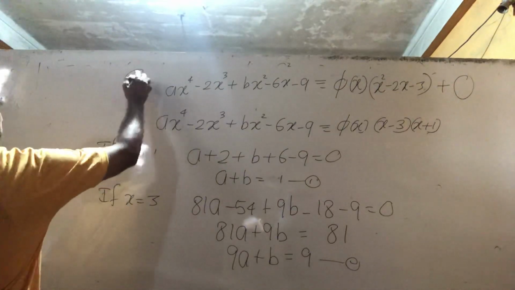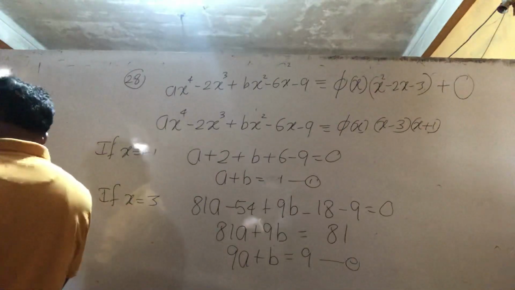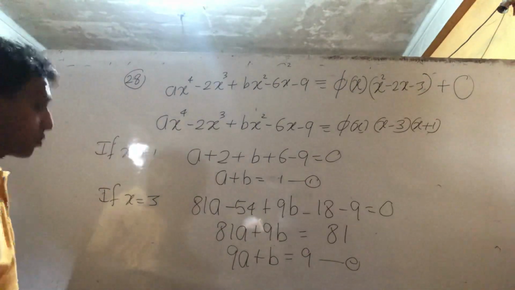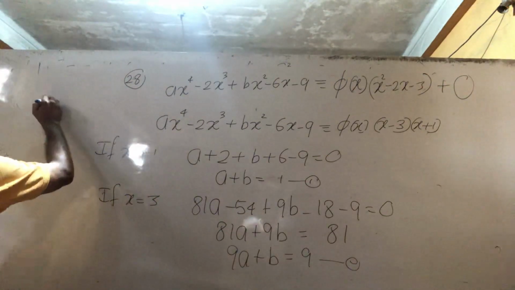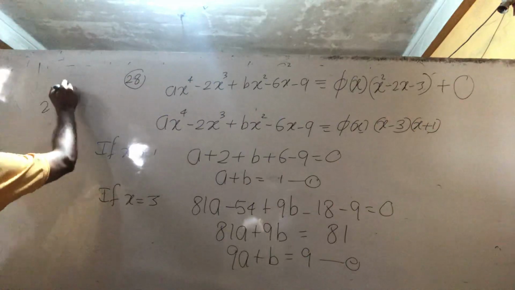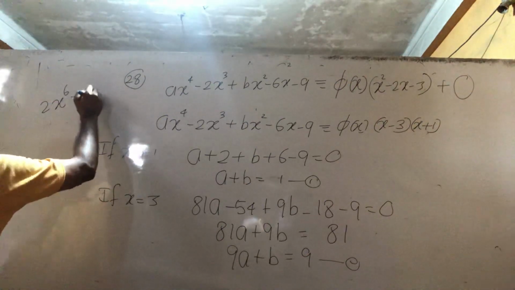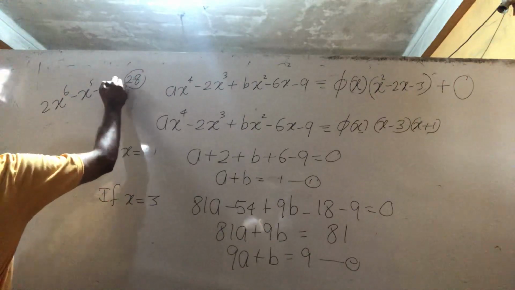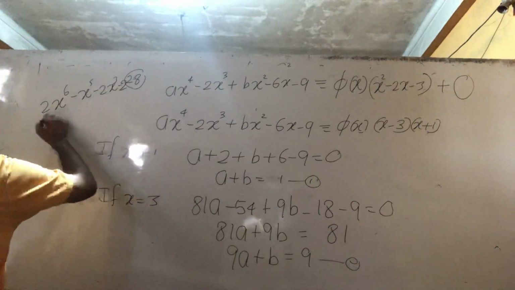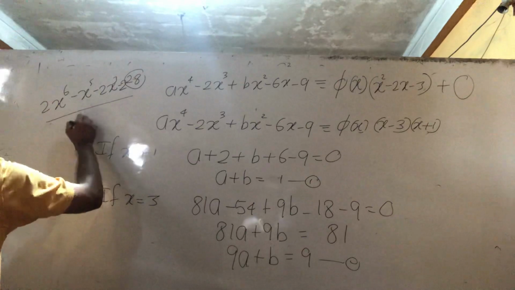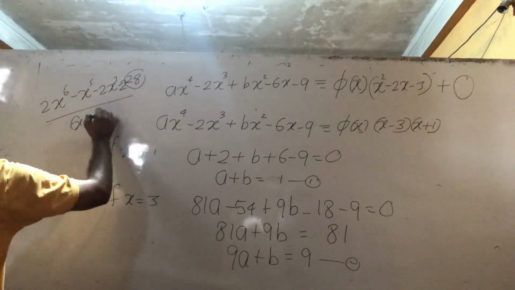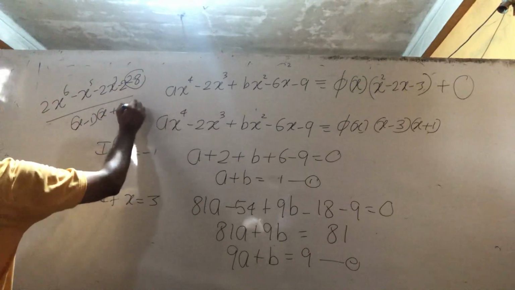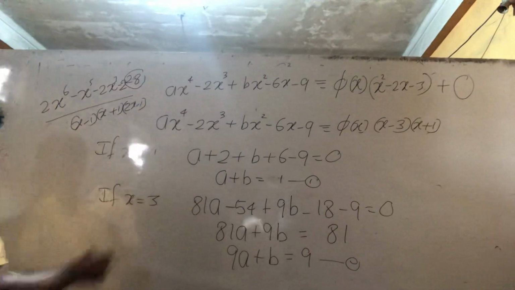Next, question 28, an important question. Divide 2x^6 minus x^5 minus 2x^3 minus 2 by (x minus 1)(x plus 1)(2x minus 1).